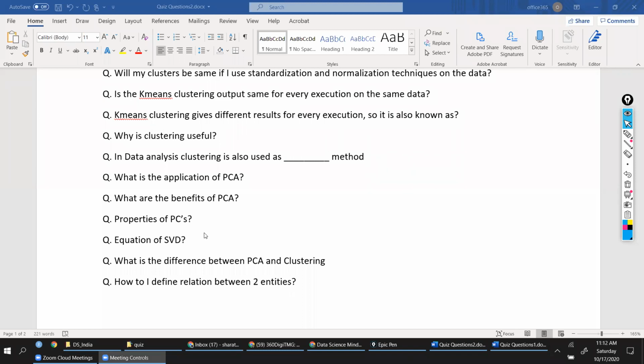Relationship mining, guys, market basket analysis is what I'm talking about. The relationships can be interpreted by probabilities only here also. In relationship mining as well, we are looking at probabilities, how strongly two entities are related. This relation between entities can be explained using market basket analysis or association rules, which use probability.